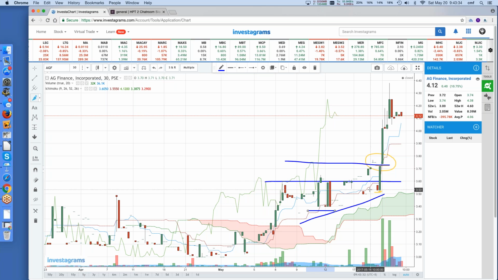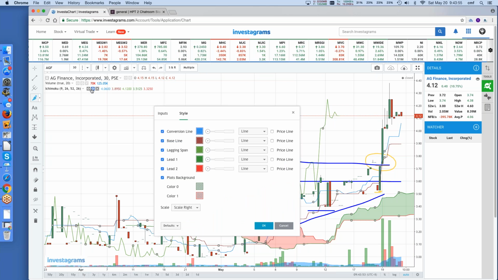In Investograms, we have different colored Kijun and Tenkan Sen. So in Investograms, the Kijun Sen is blue and the Tenkan Sen is red. In Make Trade, the Tenkan Sen is pink and the Kijun Sen is blue. So just take note of that. You will find out the settings for the Ichimoku here if you click on the settings under Ichimoku.